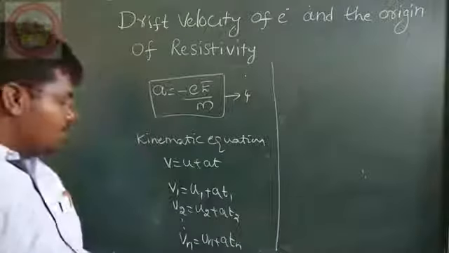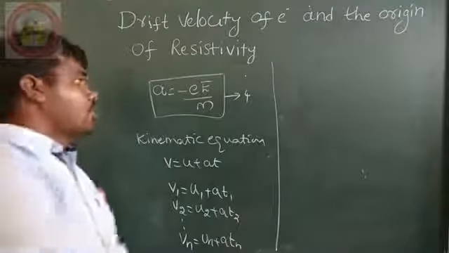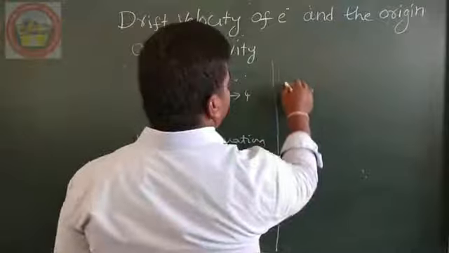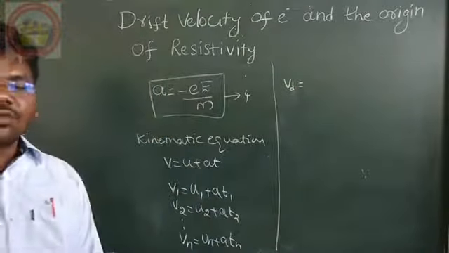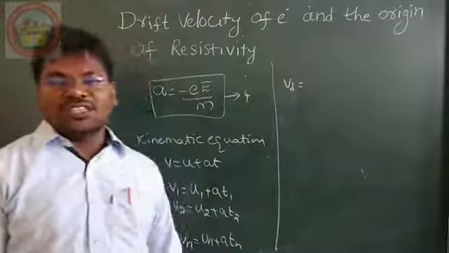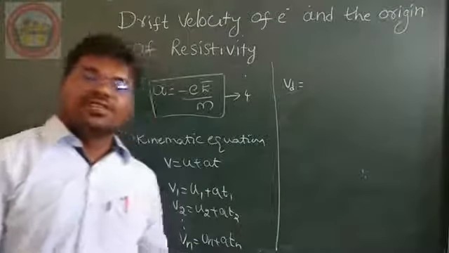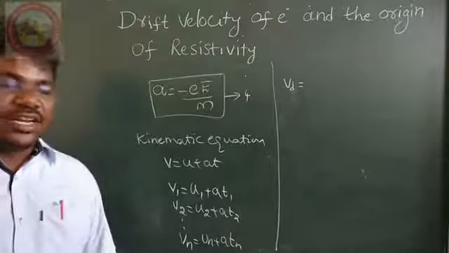Understand? So we can define drift velocity as the average velocity of all electrons or charges under the influence of an external electric field.